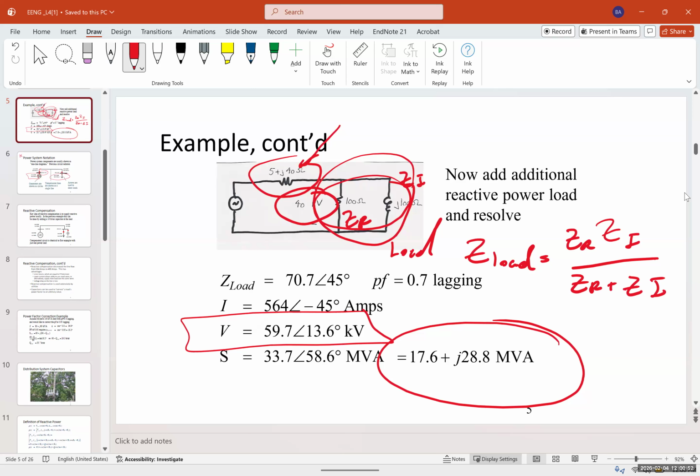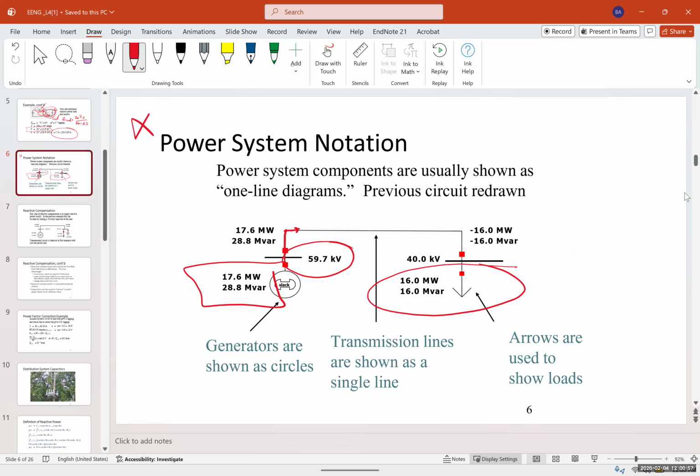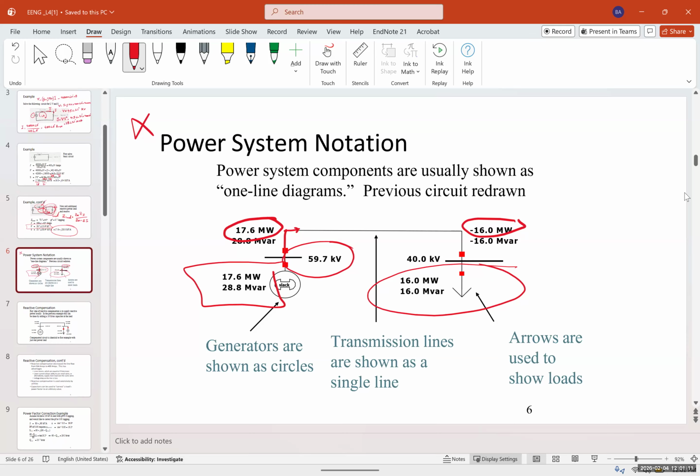And you can calculate the power that was consumed. We can also show that the difference between these two gives us the power that was wasted in the transmission line. So the difference between 17.6 megawatts and 16 megawatts is 1.6 megawatts. Where does this come from?